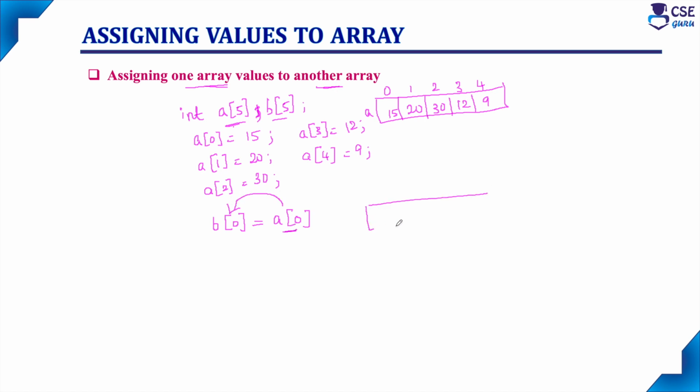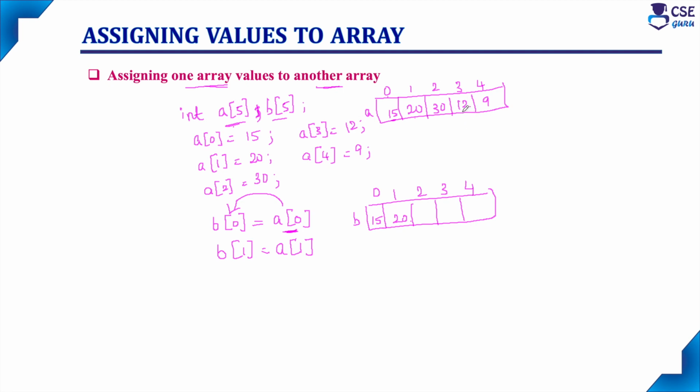Now for array B, during declaration itself, memory will be allocated. Only the element will be copied now when you are assigning the value. So what is the value stored in A of 0? In A of 0, value 15 is stored. It will be copied here. And B of 1: if you want to assign the A of 1 value, it is possible. What is the value stored in A of 1? 20 will be assigned.